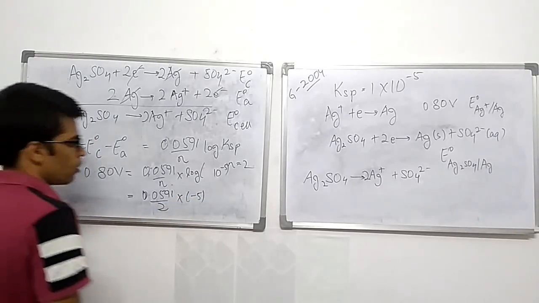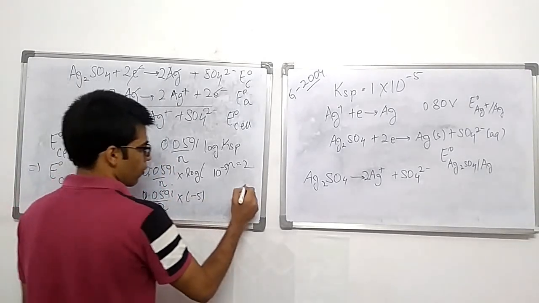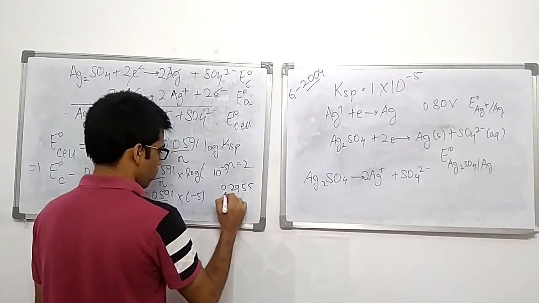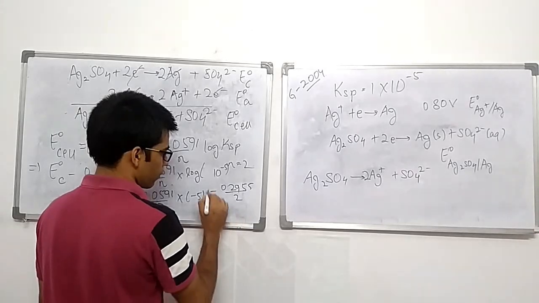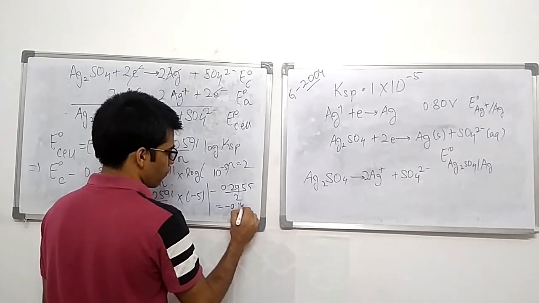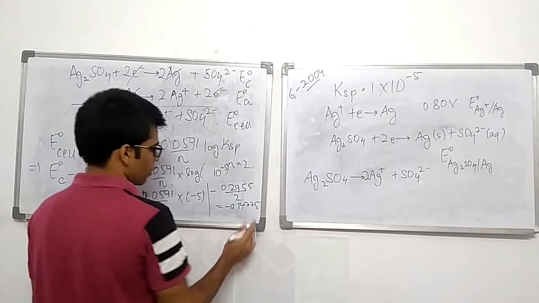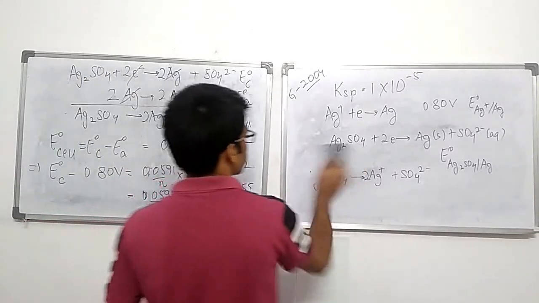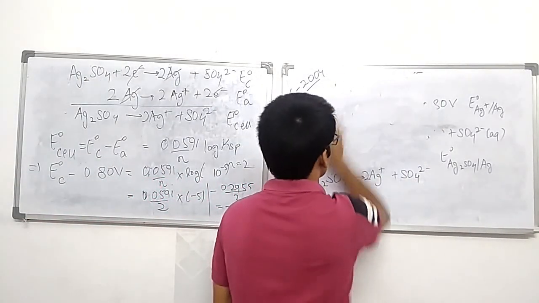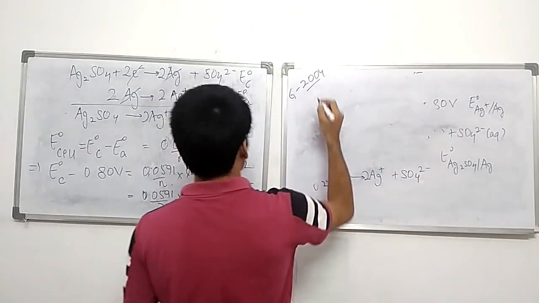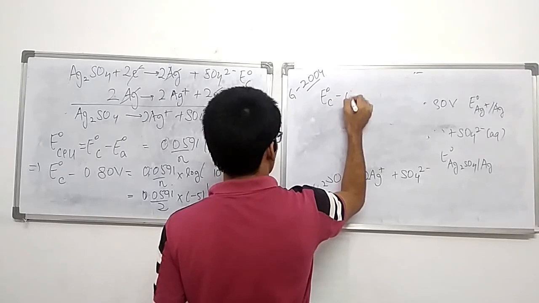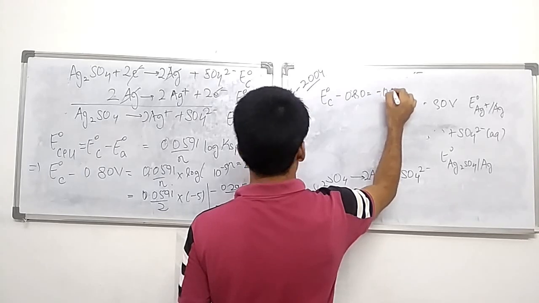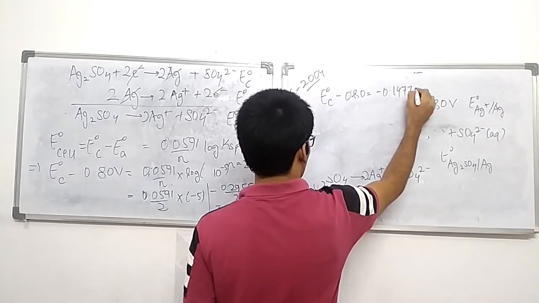So to solve for this, let's calculate. We'll get 0.0591 into 5 by 2. That would give me minus 0.14775. So I get E naught cathode minus 0.80 is equal to minus 0.14775.